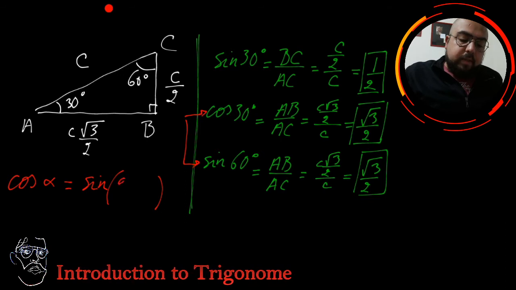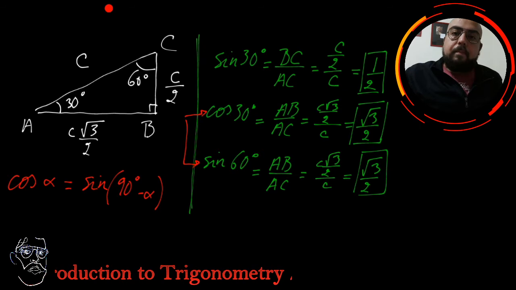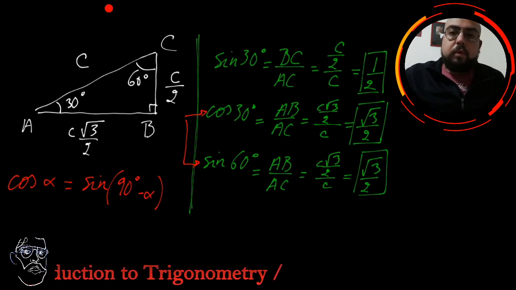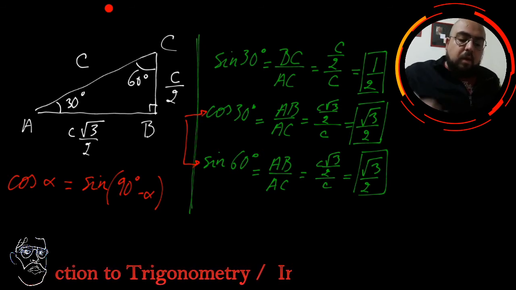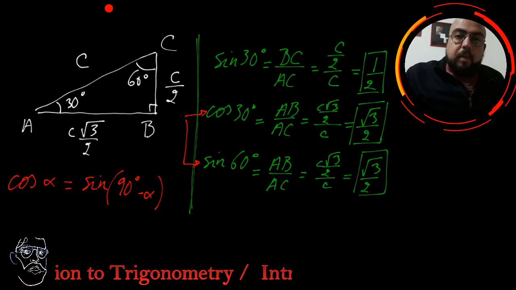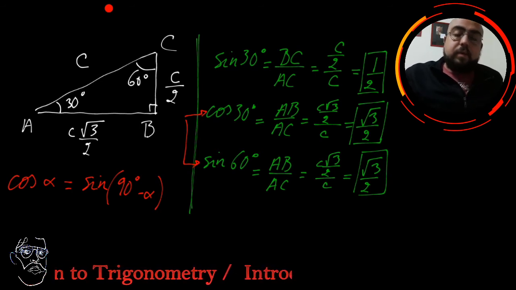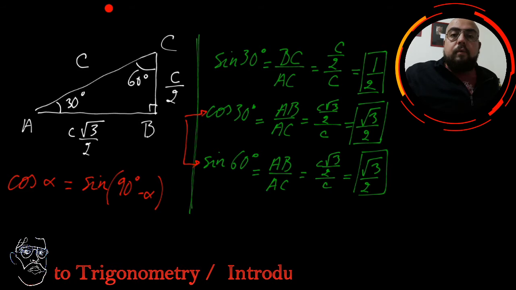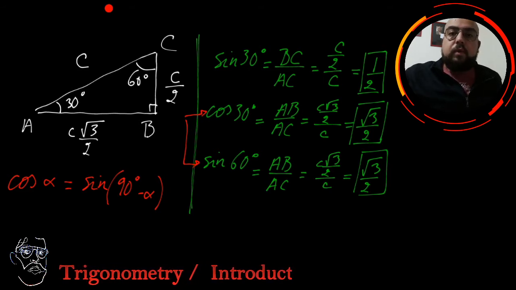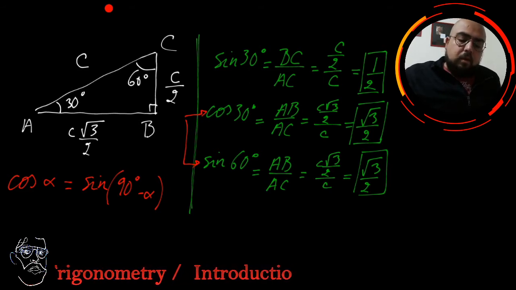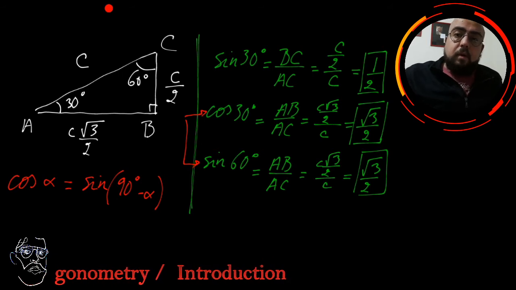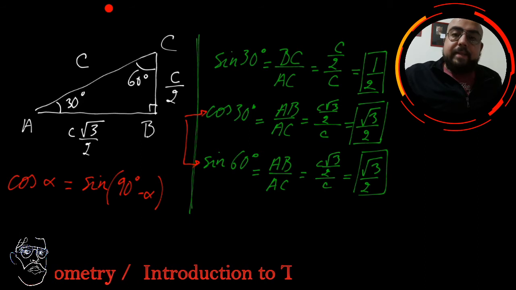Sine of 90 degrees minus 30, which is alpha. So this is what's important in this place. We have the complementary angles. That's why the sine of a certain angle will give us, for example, cosine of 90 degrees minus alpha. This is another important identity between complementary angles.